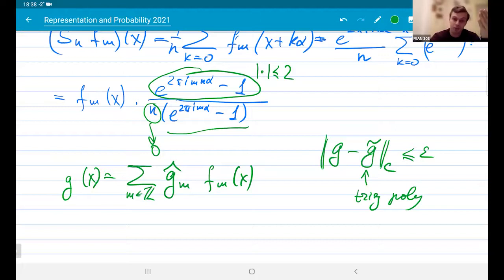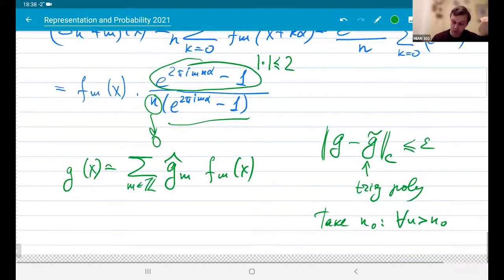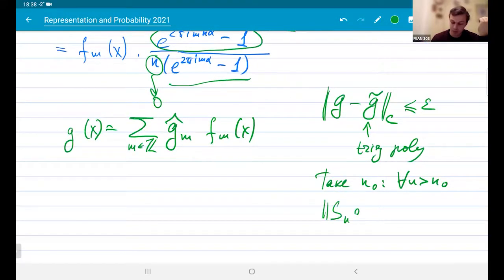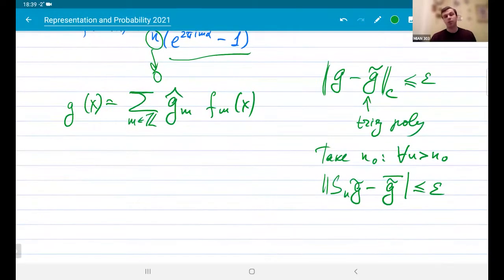So you have this uniform convergence plus something that does not exceed epsilon. So you wait for sufficiently large n so that you have uniform convergence for g tilde. Take n_0 such that for any n larger than n_0 the norm of S_n of g tilde minus g tilde bar is less than epsilon, and then you have that S_n g is 2 epsilon or maybe 3 epsilon close to g bar.